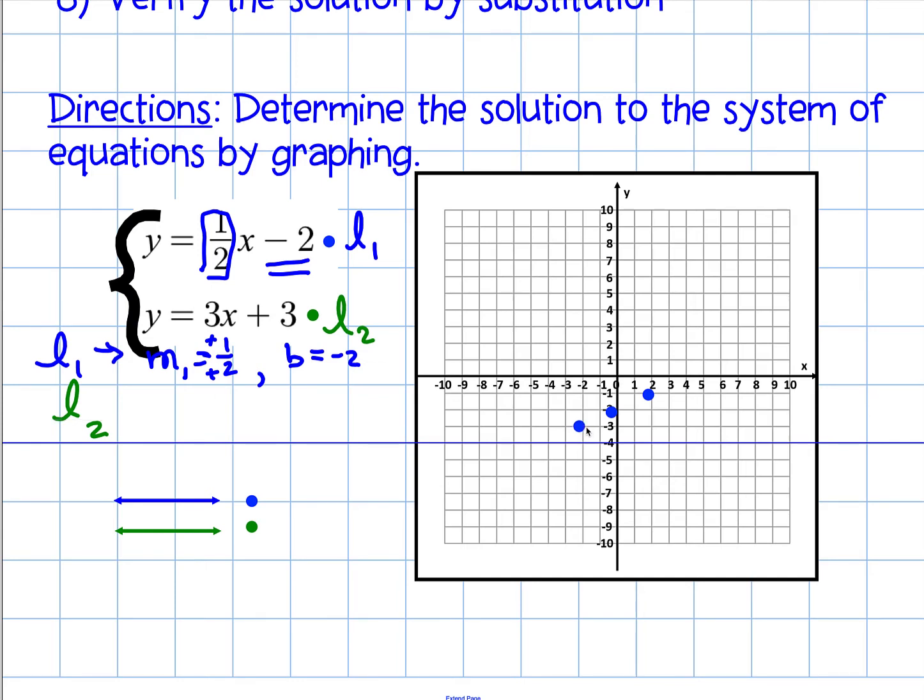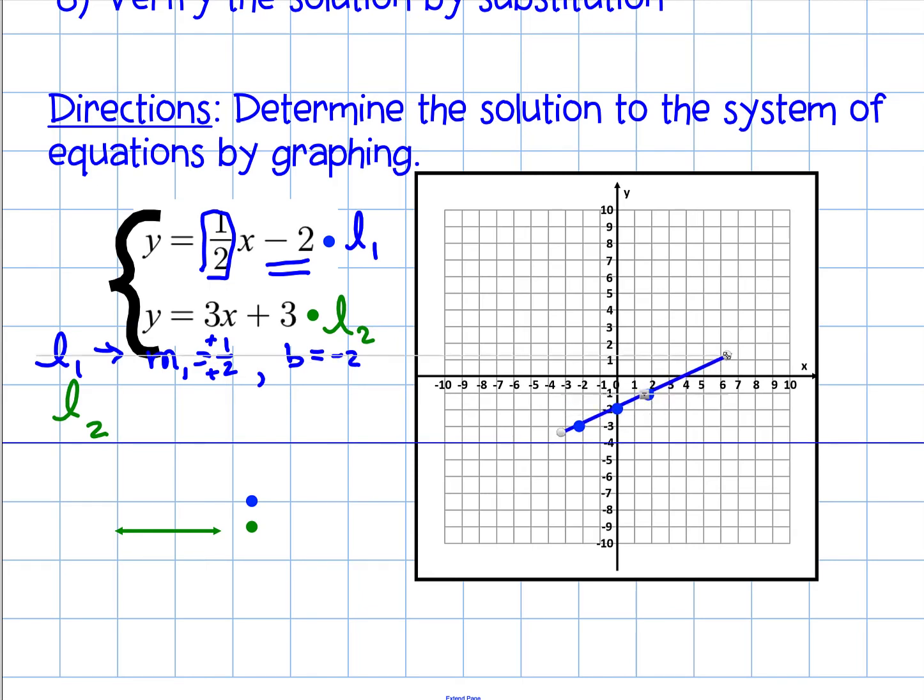So just make sure you remember to have enough points, let me fix this one because it's not exactly on the y-axis, so that you have a good understanding of where the pattern is for your linear equation. Okay, so then you're going to go ahead and graph your line, and stretch it out.